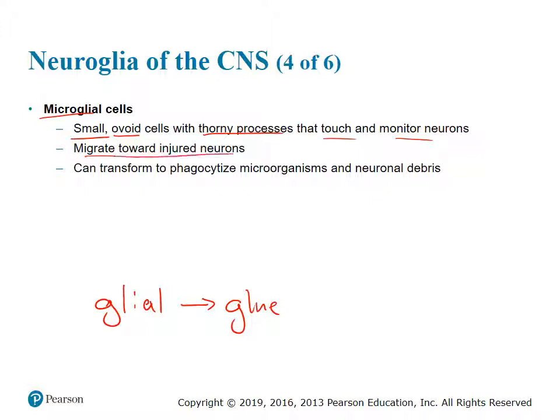They will be found surrounding injured neurons because that can occur as well. And then they have the capability of eating away or phagocytizing microorganisms, or breaking down and destroying or processing the debris from a neuron. Okay, debris is like pieces sometimes that won't get used, or if it's damaged, all the broken pieces get kind of processed by the microglia.